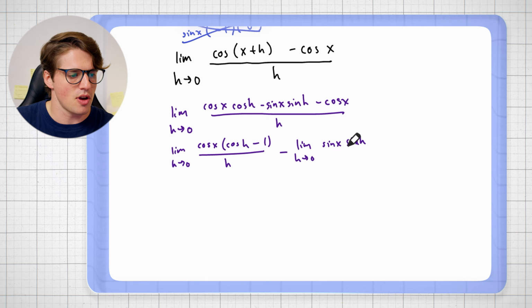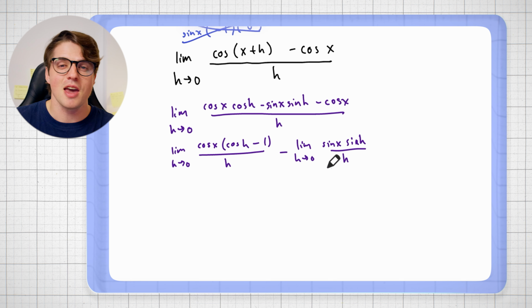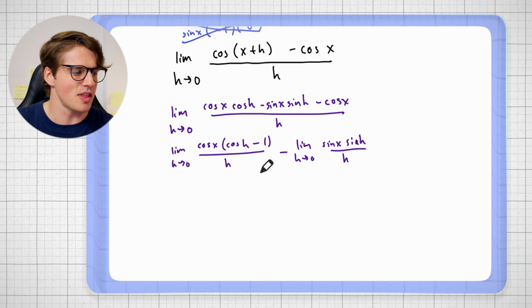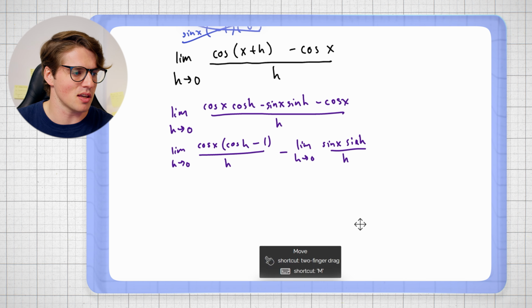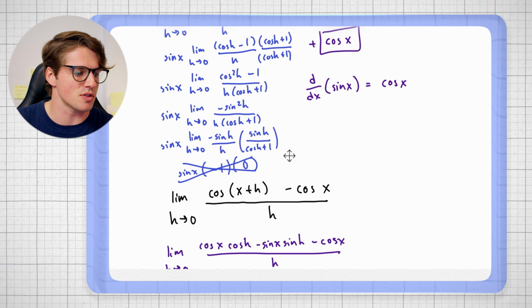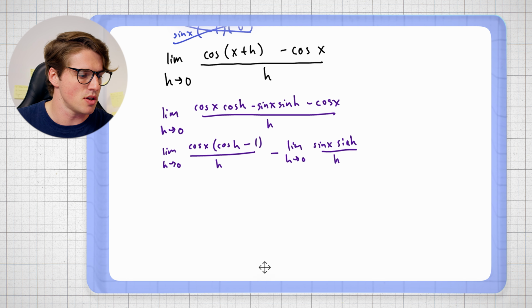minus the limit as h goes to 0 of sine of x sine of h all over h. We already saw this with cosine of h minus 1 over h. That limit ended up being 0, right? So we can go ahead and get rid of this term here. This will end up being 0.